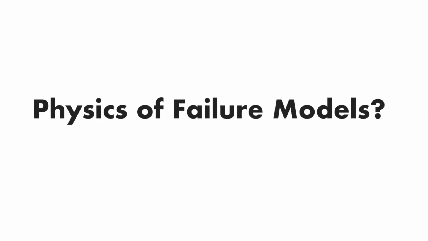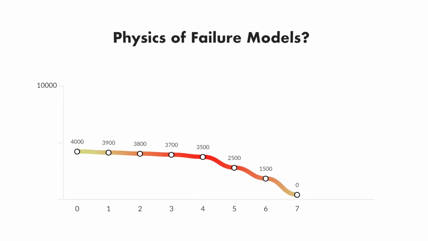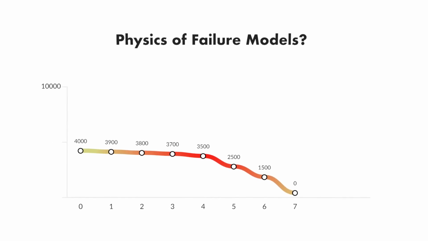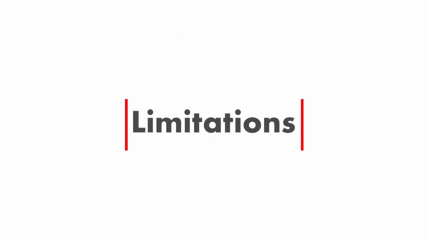And it makes sense to develop physics of failure models, because degradation is closely related to physical, chemical, mechanical, thermal, and also electrical and other mechanisms that evolve over time. And if we know the physics, we can provide extra information, we can provide better models that are more accurate, but this also has some limitations. Can you think of them?